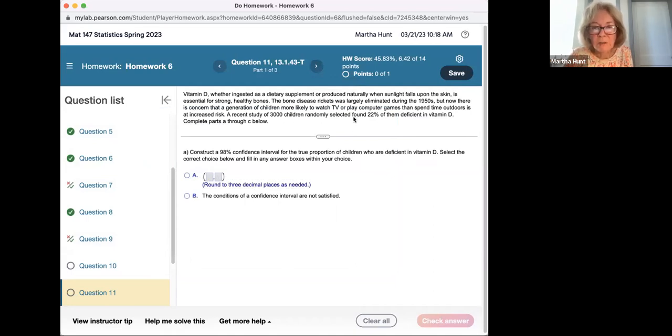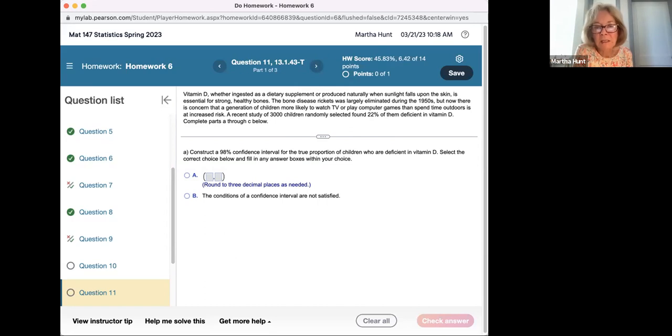Vitamin D, okay. So a recent study of 3,000 children found 22% of them were deficient. And we want a 98% interval. What do we have to do? The 22% is not something you can put as input.